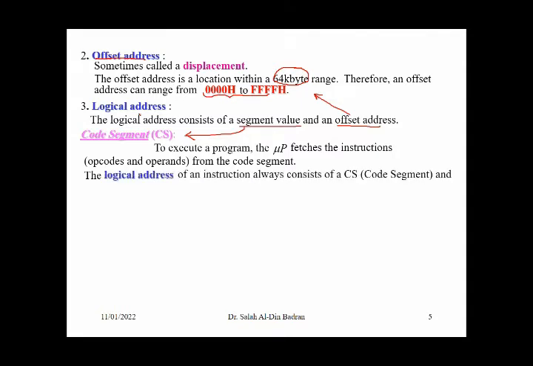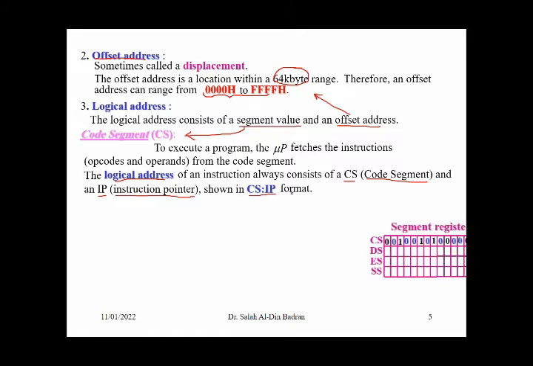The logical address of an instruction always consists of a code segment, CS, and an IP. IP is a 16-bit register. CS also is a 16-bit register. So we write the logical address in this format, CS:IP.